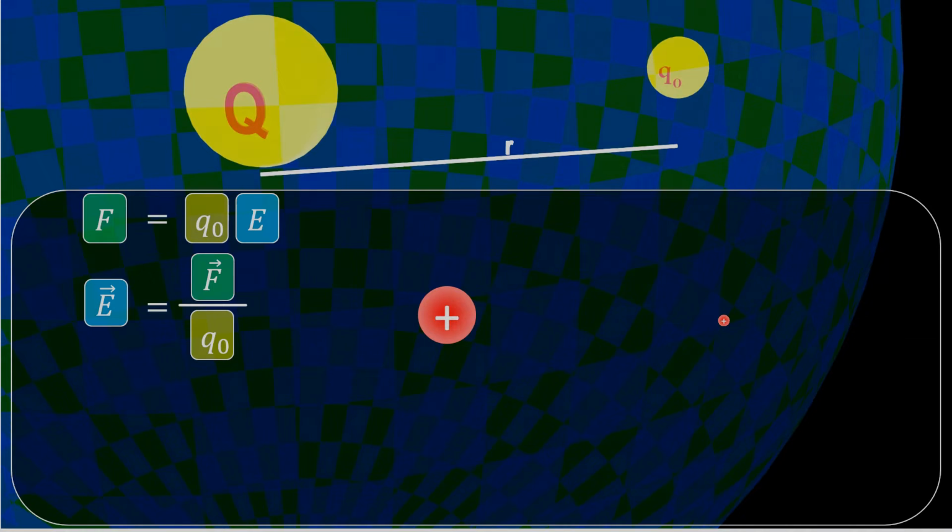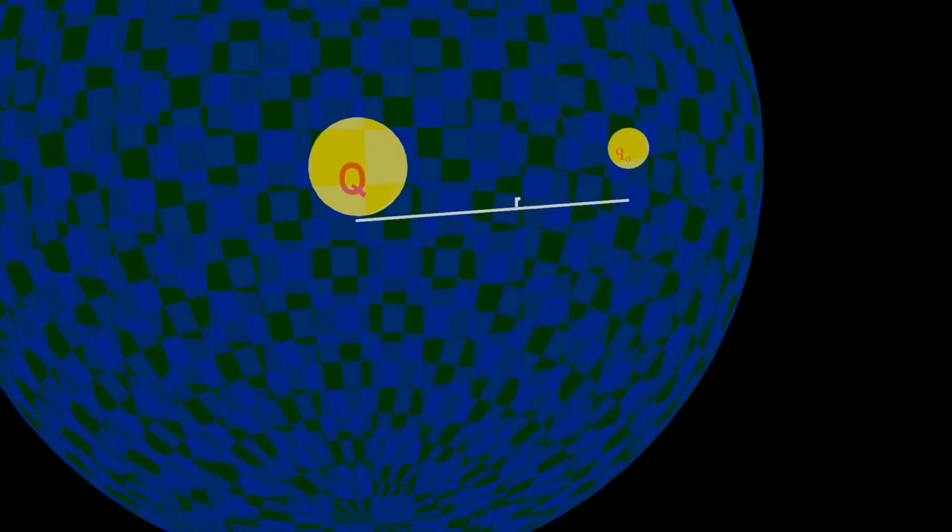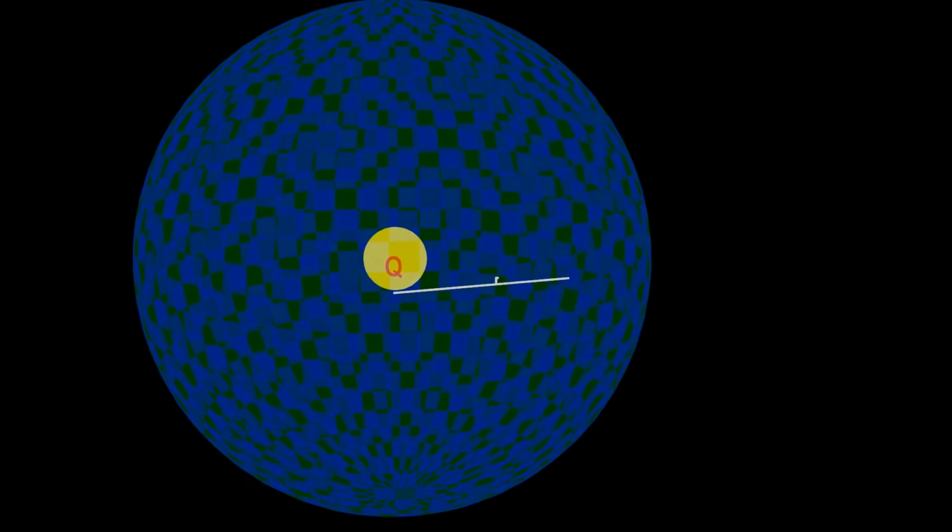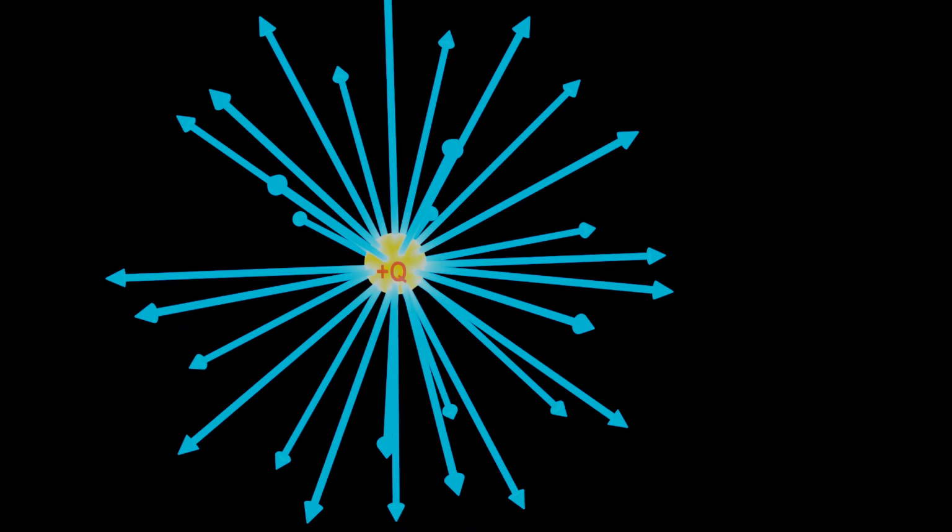This is why we call electric field a vector field. The direction of electric field can be understood in such a way that if a positive test charge is placed near a positive source charge, the positive test charge will repel and move radially outward. This shows that the electric field lines of a positive charge are radially outward.